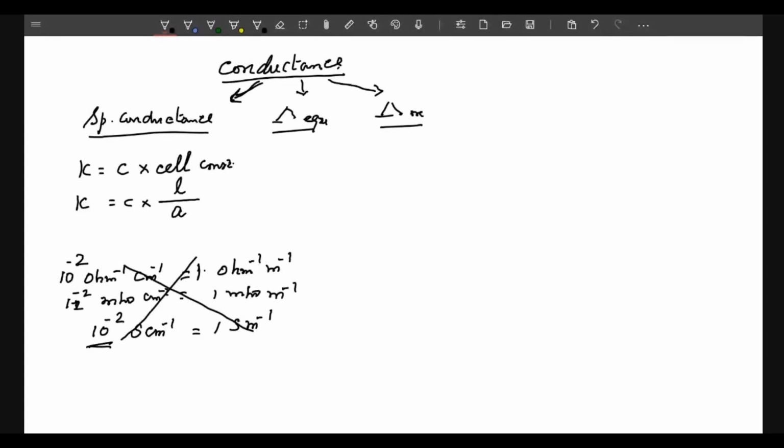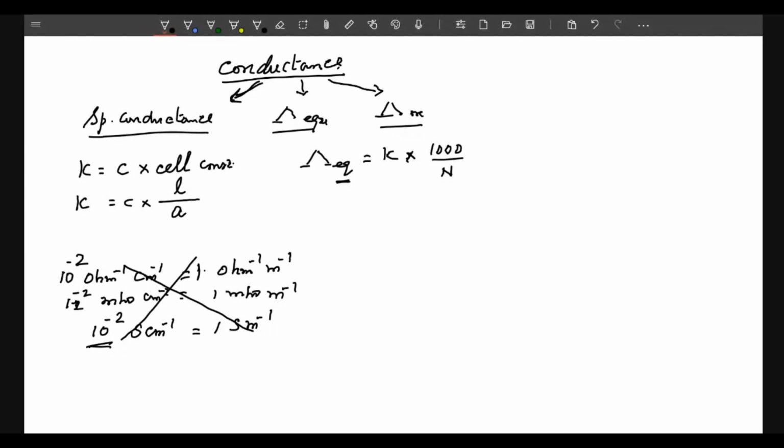Then equivalent conductance. The equivalent conductance is given by the equation lambda equivalent is equal to kappa, the specific conductance, into 1000 by normality. Whenever equivalent conductance is required, your concentration should be in normality. If it is given in molarity, you should convert it into normality.